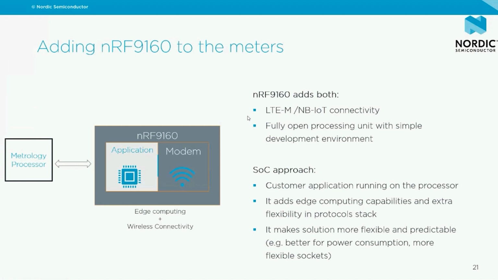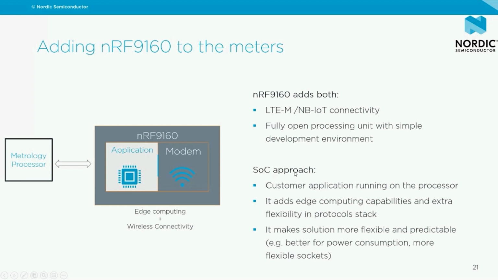Going then into adding the nRF9160 to a utility meter. Keep in mind that with the nRF9160, you add both the connectivity that you need, but you also add a fully open application processor with a very simple development environment so that you can also build your application here. Let's directly talk about the metrology part of your application.